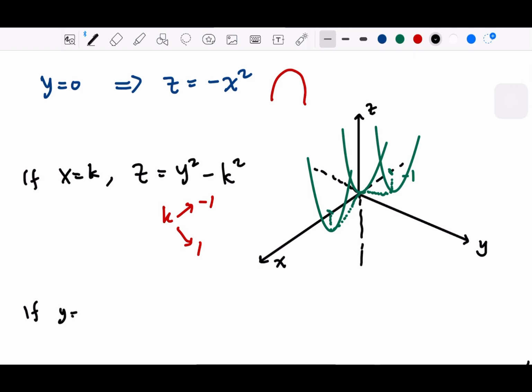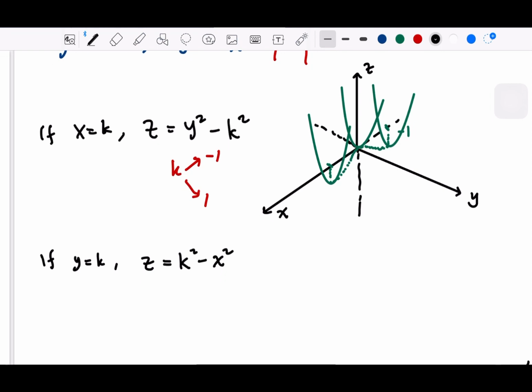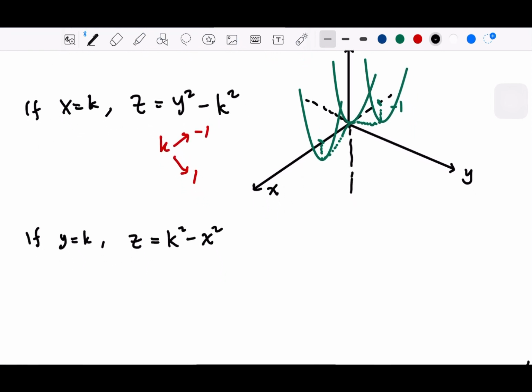So let's make y a constant and take z equals k squared minus x squared. Now we can have the other side of the parabola for the zx plane.